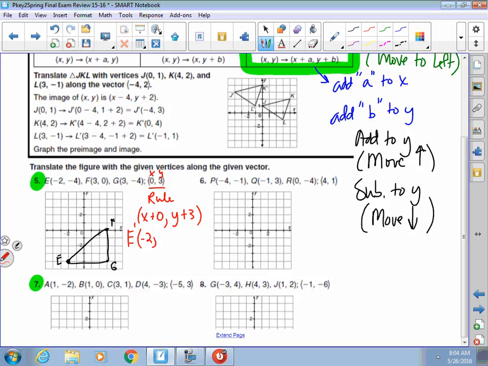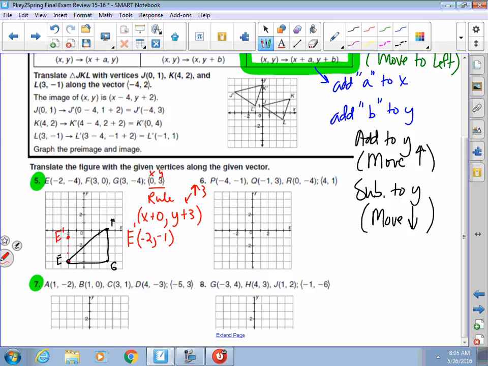And then a negative 4 plus 3 will leave me with a negative 1. Okay? Use your calculator if you're not good with integer rules. Or basically I can just say I'm not moving X, but I'm going up, because this means up 3. So I'm just going up 1, 2, 3. There's my E prime. Okay?